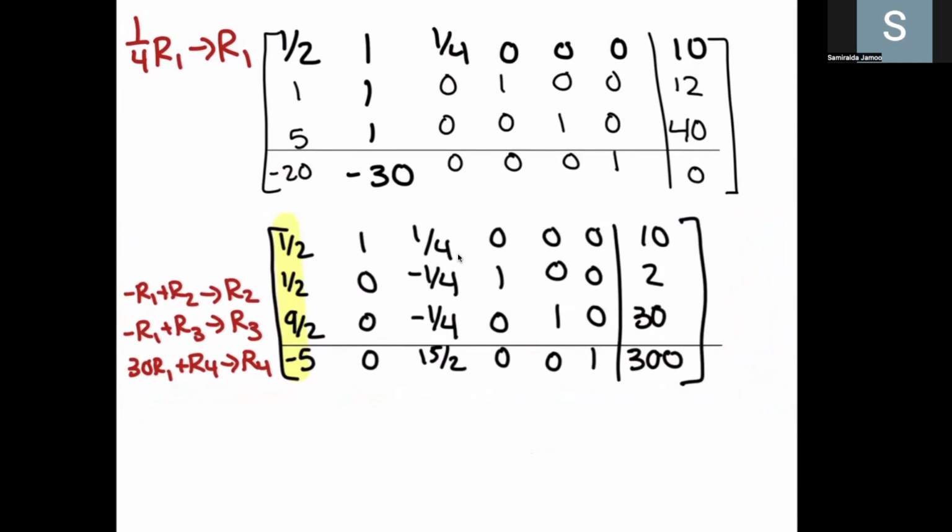Okay, so we have 10 divided by 1/2, which is really 10 times 2. This is 20. 2 times 2. Here we have 30 times 2 over 9. 60 over 9.